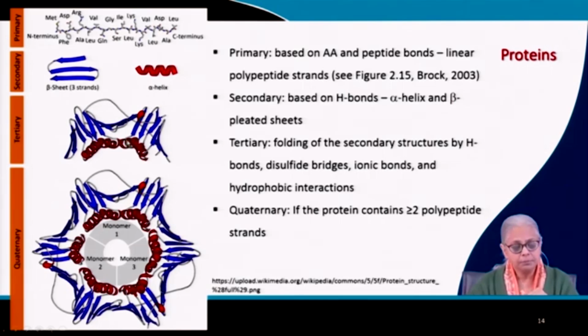Now these pleated and helical structures are going to again be folded to form the tertiary as well as quaternary structures. The quaternary structures are formed only when there is more than one polypeptide strand. So hemoglobin, like I already said, has polypeptide strands.